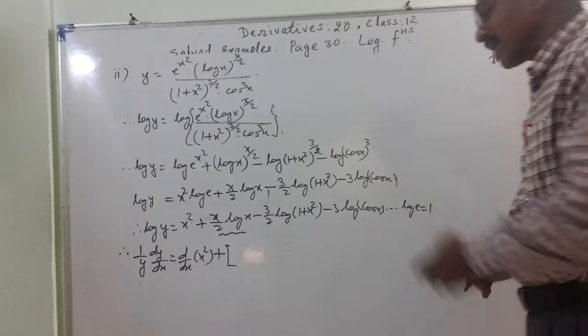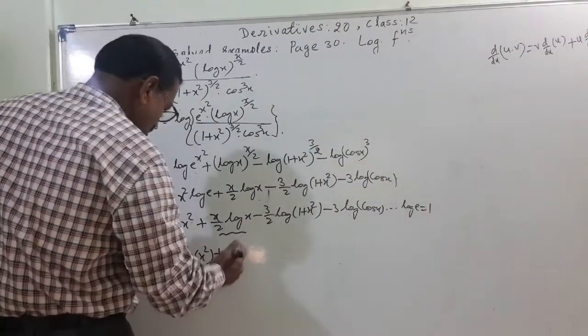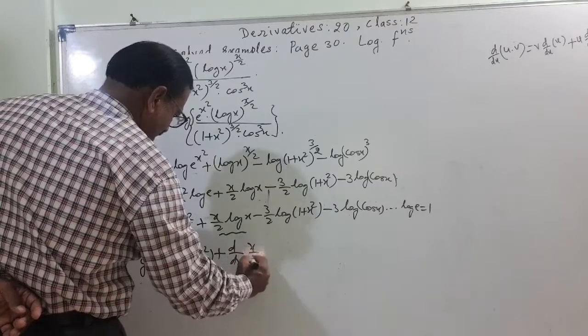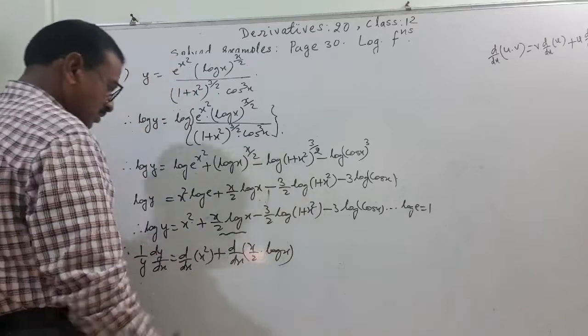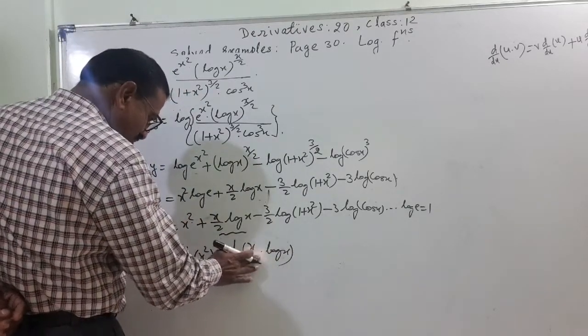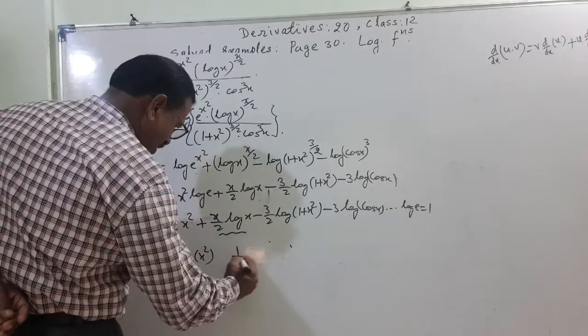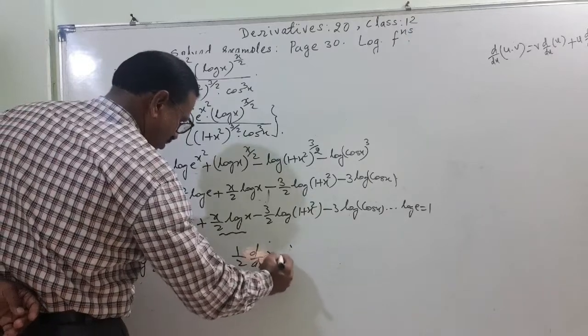This way, directly I will apply the rule, or first of all I will write and then I will use the rule. d by dx of x by 2 into log of x. So out of that, this x by 2, this 2 is a constant. So take it out. So this will become 1 upon 2 into d by dx of x log x.